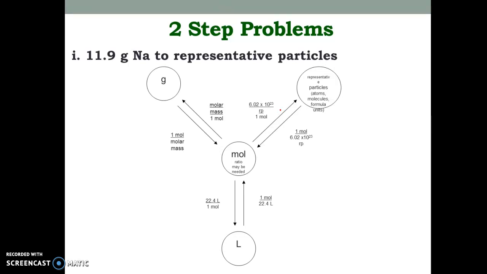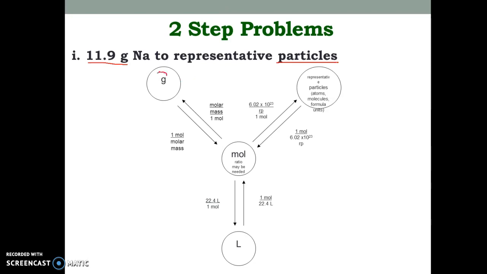Alright, so let's start with our first example of a two-step problem. Everybody should have out worksheet 6.2, and we're going to start with letter I. Letter I says I'm starting with 11.9 grams of sodium and going to, again, particles, representative particles.